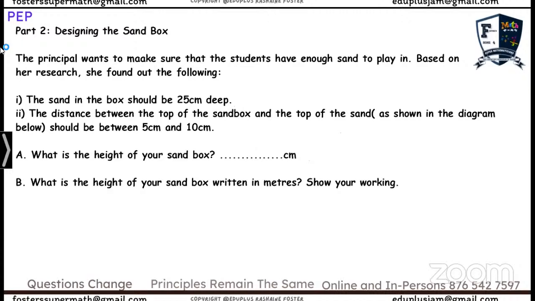Part 2, it now says designing the sandbox. All right, so can anybody tell me when they say sandbox, what comes to mind? What are you supposed to think of? When they say designing the sandbox, what comes to mind? Can anybody tell me?